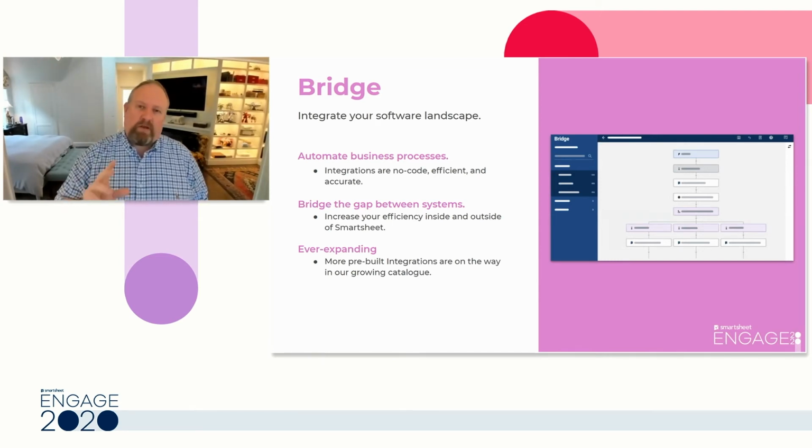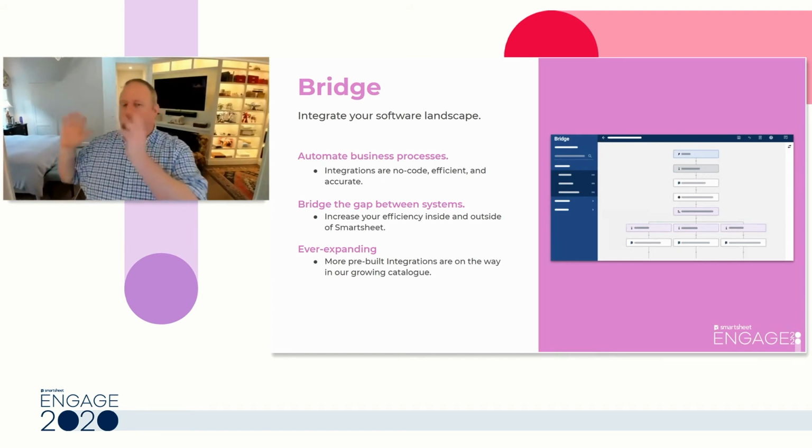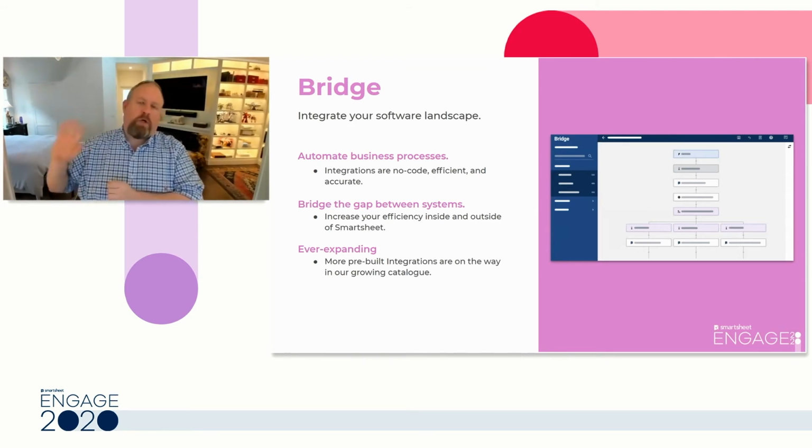And we see this as a great way for IT teams to participate and empower their business users. You have back-end big iron systems, your ERP system or what have you. You can provide mediated, approved integrations built in Bridge that allow for trusted and secure and performant access into those systems.